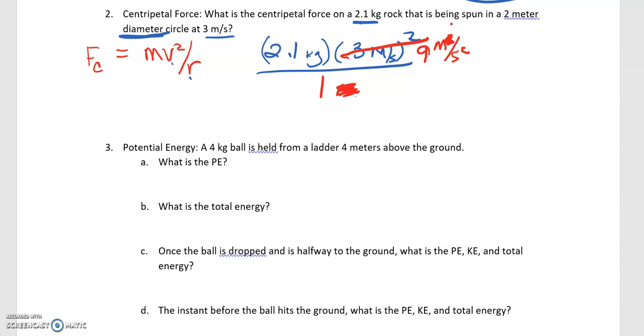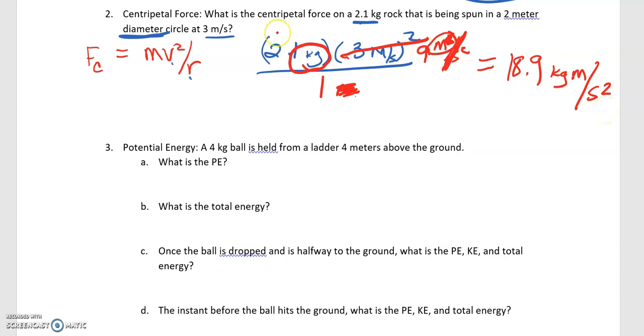Now when I multiply this out, I take 2.1 times 9 divided by 1, and I end up getting 18.9, and my label is a kilogram meter per second squared. Okay, and that is the same thing as a Newton.